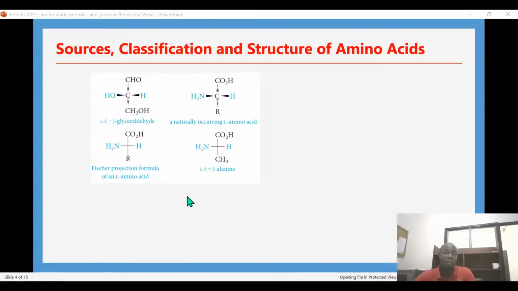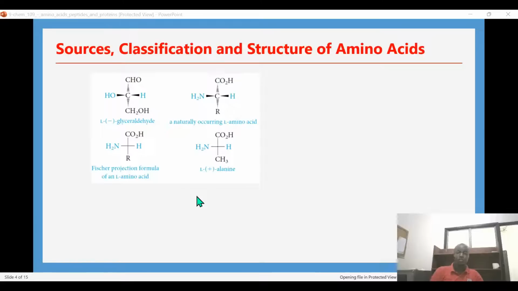And if the amino group is at the right side, it is called D isomer. So you should understand that we have L isomer and we have D isomer.